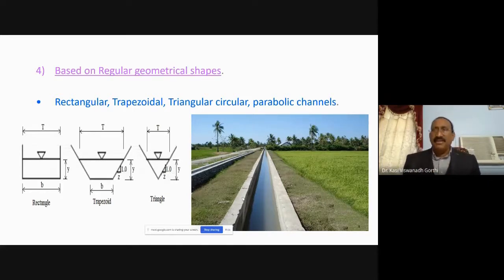So when you see the efficiency with respect to the hydraulic parameters, the channel shapes would be changing. Like rectangular, trapezoidal, triangular, circular, parabolic, elliptical, egg-shaped, egg-elliptical shape, horseshoe shape, like that. Several shaped channels will be there.